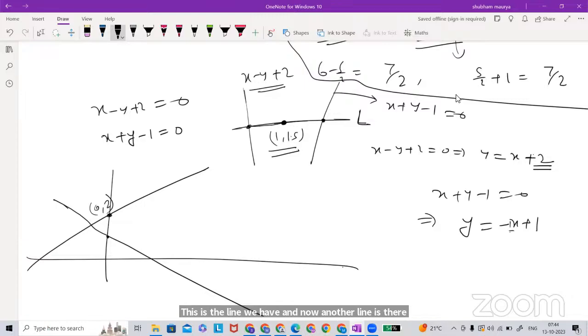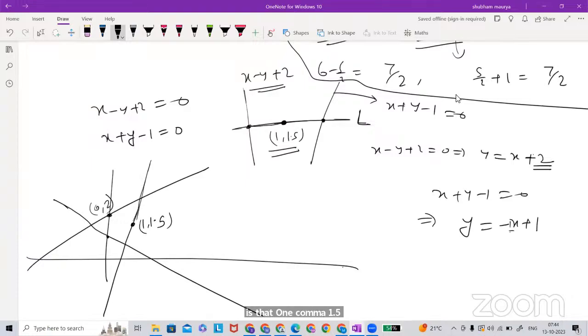These two lines are intersecting, we don't care about that. There is another line, which we don't know, passing through like this, and there is the point (1, 1.5).